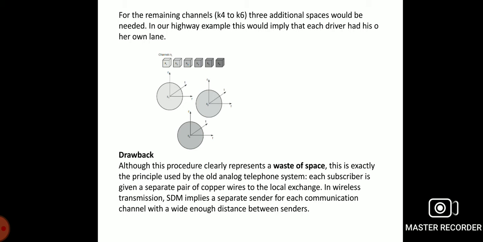This is exactly the principle used by the old analog telephone system. Each subscriber is given a separate pair of copper wires to the local exchange. In wireless transmission, space division multiplexing implies a separate sender for each communication channel with a wide distance between the senders.